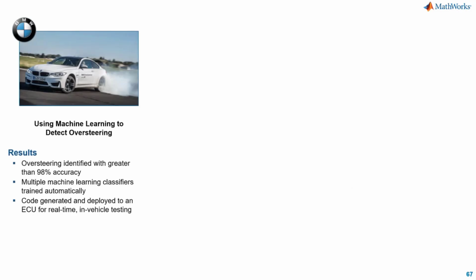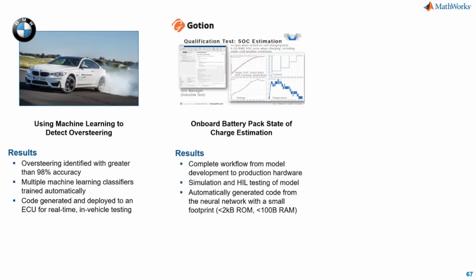Let's have a look at how our customers use AI. BMW uses Machine Learning Toolbox to detect oversteering. Gaussian uses AI to estimate the battery pack states.